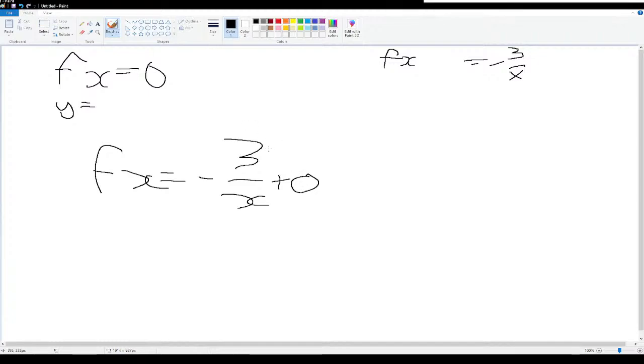Since there is no y value, because usually there's a plus q, but since they've not given that to us, that means the q value is equal to 0, which means that the y asymptote's value is 0.